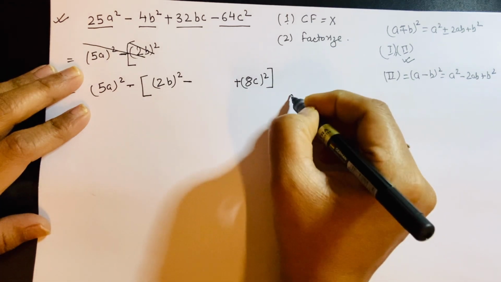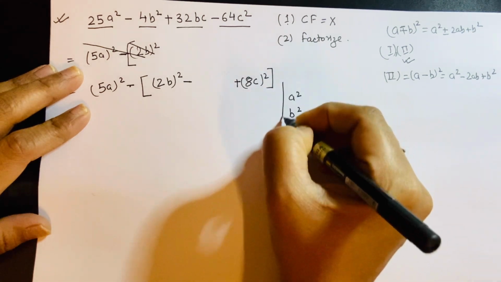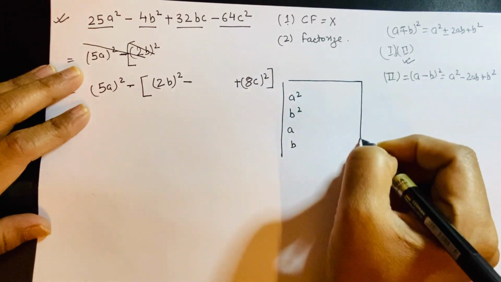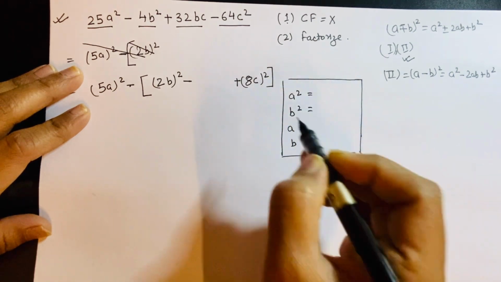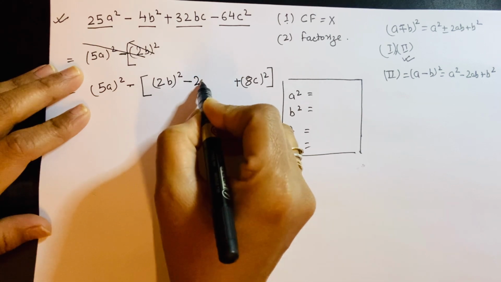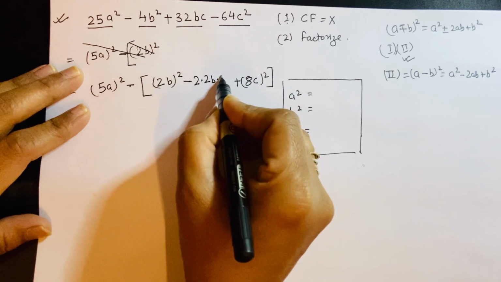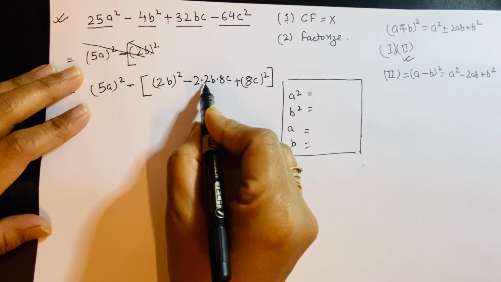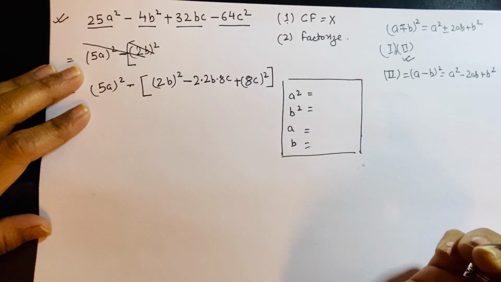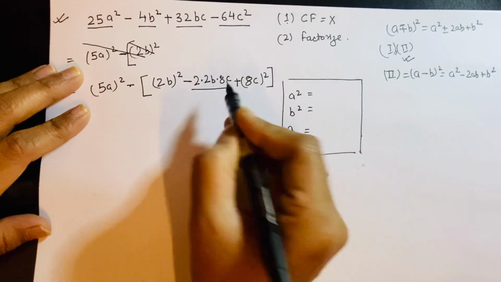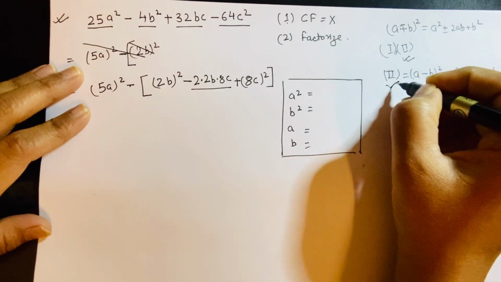So here first we will write what is a square, what is b square, what is a and what is b in a small box near where you are solving your equation. Before that, let's work on this. So 2ab, 2, what is a? 2b, and what is b? 8c. So this becomes 8 2s are 16, 16 2s are 32, 32 bc. So the center part is also justified, so here we can confidently use identity number 2.